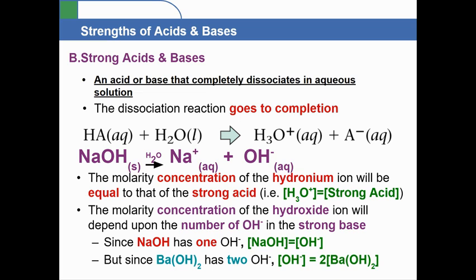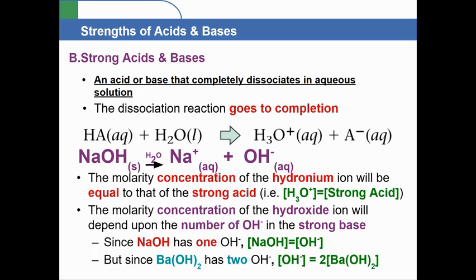But if you have something like barium hydroxide, Ba(OH)2, you notice that for every 1 barium hydroxide, it's going to produce 2 OHs. So if the barium hydroxide has a concentration of 2 molar, since there's going to be 2 hydroxides, we take that 2 molar and multiply it by 2, and thus get 4 molar concentration of hydroxide.